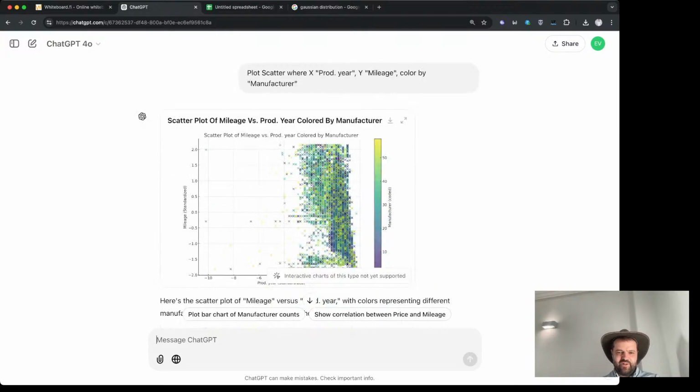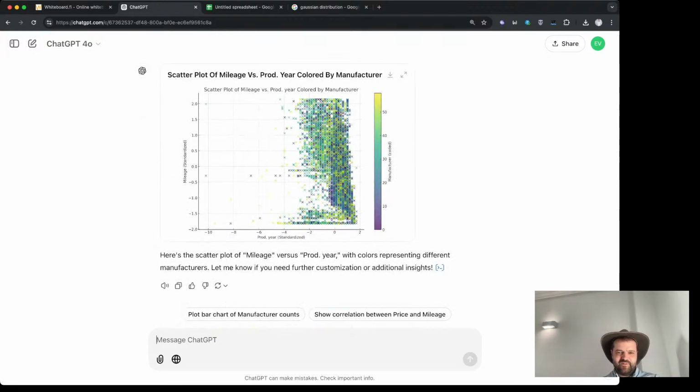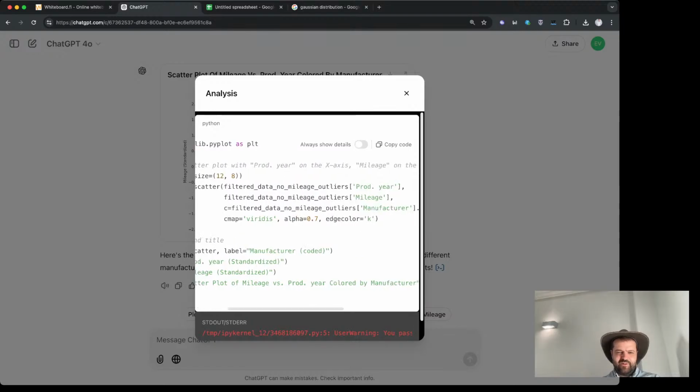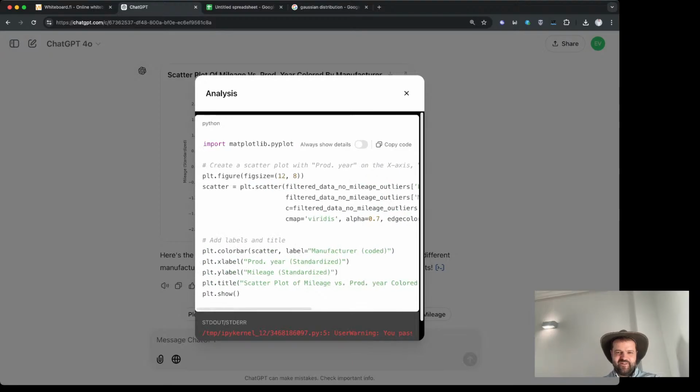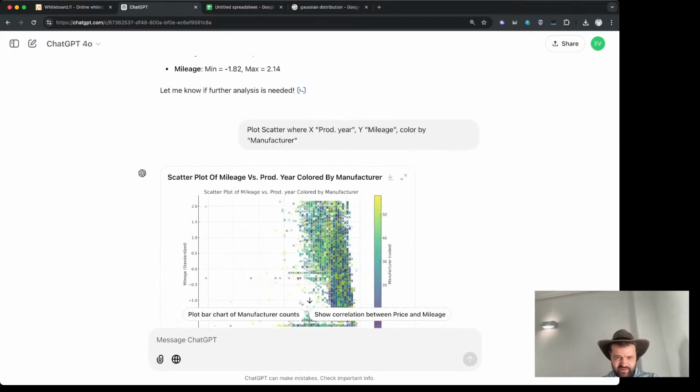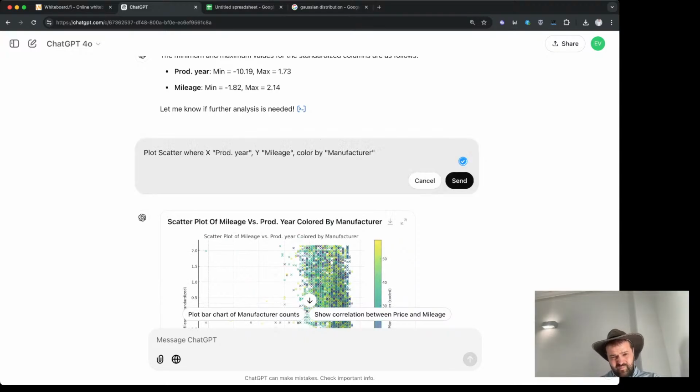Let's see, do I have code? Yeah, I don't like that it didn't make the category codes, so the cmap is not great. So let's try to edit my color by manufacturer, distinct colors by manufacturer.